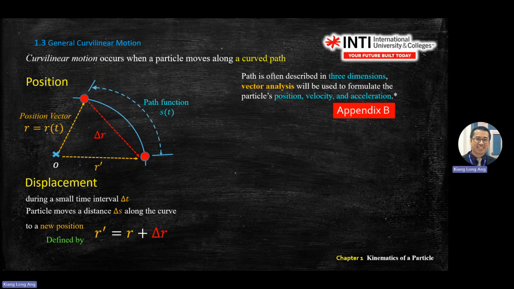If you look at this vector here, you follow the arrow, because in curvilinear motion your arrow always points from the center to the position. The arrows point out. This one also points out. Then the change of displacement is from this point to this point, meaning you draw the red arrow from here to here.